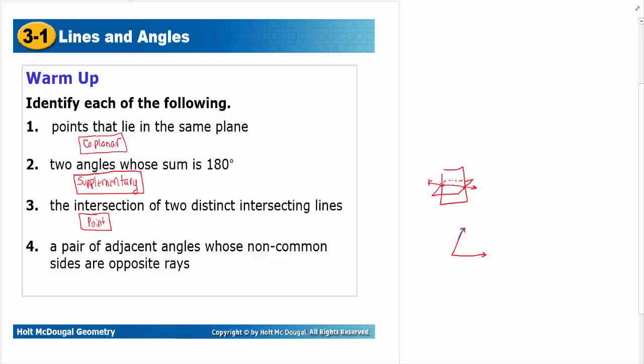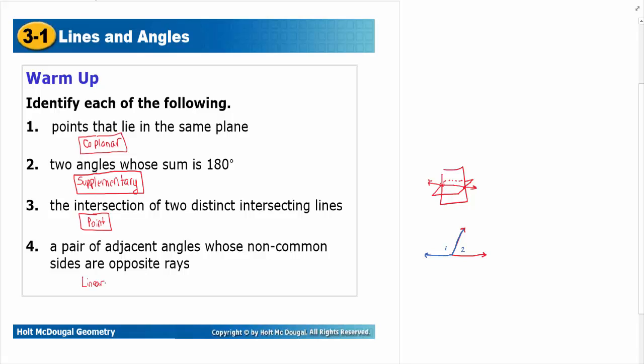But the non-common sides form opposite rays, so the two outer rays are going to form a line. If you look now, these two angles are going to form a linear pair.